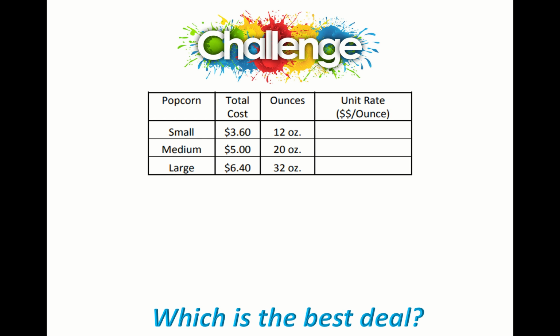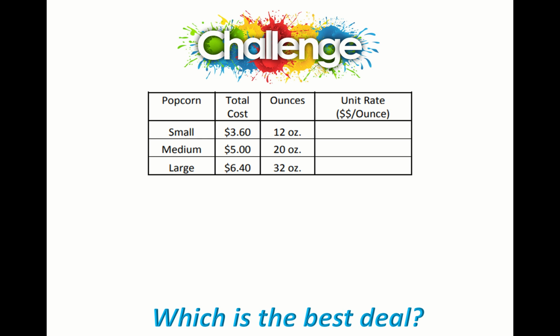All right. So you should have gotten that a small at $3.60 for 12 ounces costs 30 cents an ounce, and a medium at $5 for 20 ounces costs 25 cents an ounce, and a large at $6.40 for 32 ounces costs 20 cents an ounce.